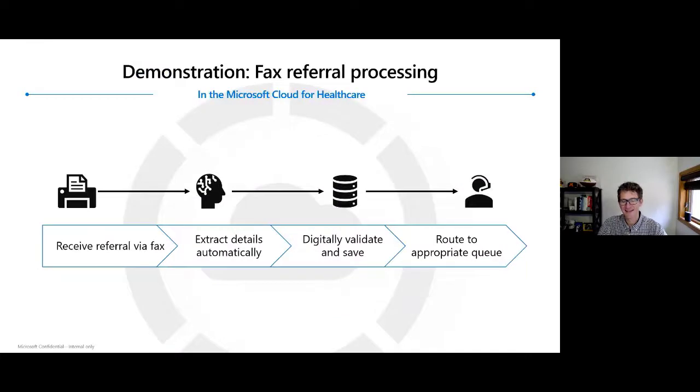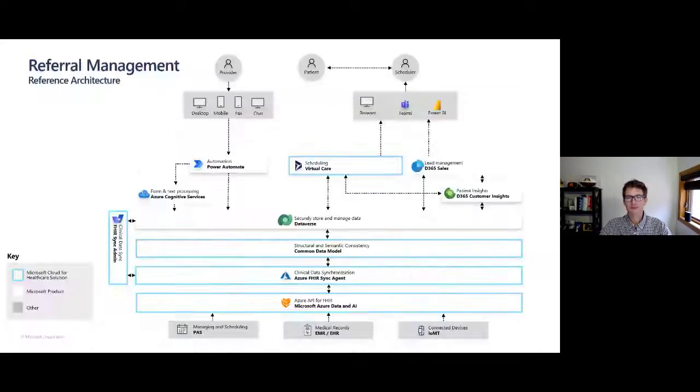You've talked about how this can be used in a scenario like faxes, but can we talk about some of the other potential inputs, and even outside of referral processing, can similar backend technology be used in other scenarios, like capturing insurance information off of an insurance card or medication off of a prescription form? Can you speak to that a little bit, both the inputs and maybe some of those other scenarios?